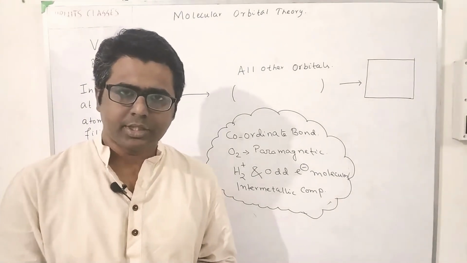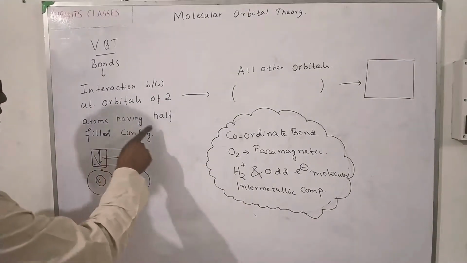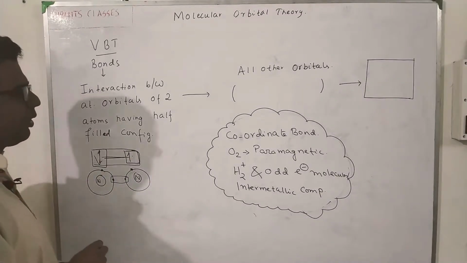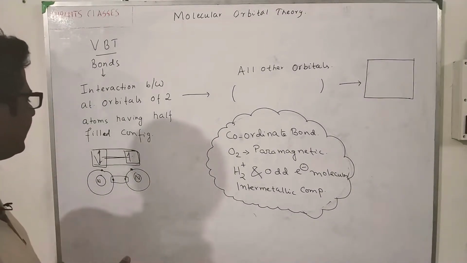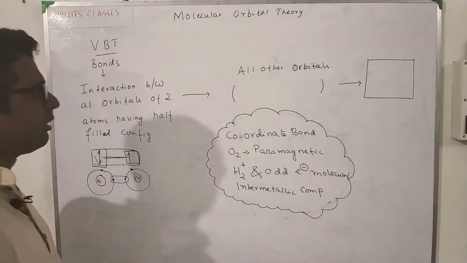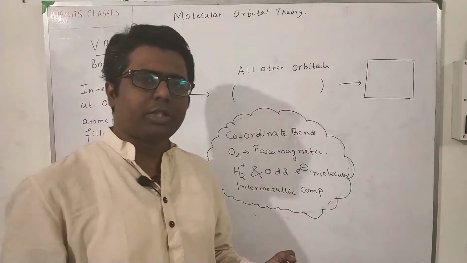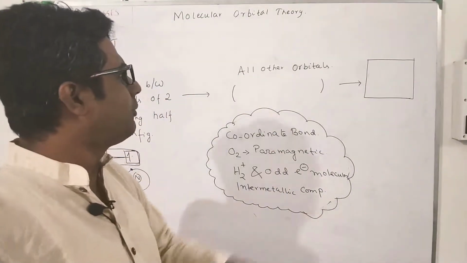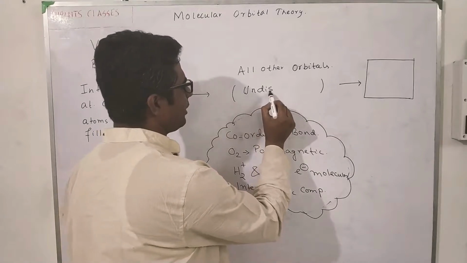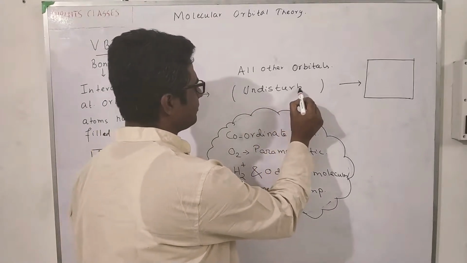It just talks about that orbital which is half filled and is involved in the bond formation. But it doesn't say anything about the other orbitals of the atom. So in valence bond theory, all the other orbitals are undisturbed in bond formation.